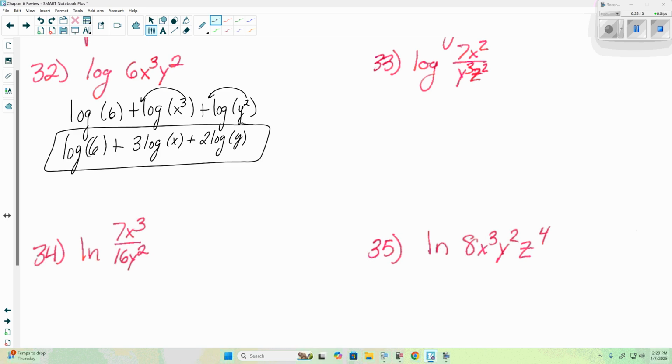So let's start off with the first step. Quotient. We do have a quotient. We have two things being divided. So when we expand it, it's going to be log of the top minus log of the bottom.